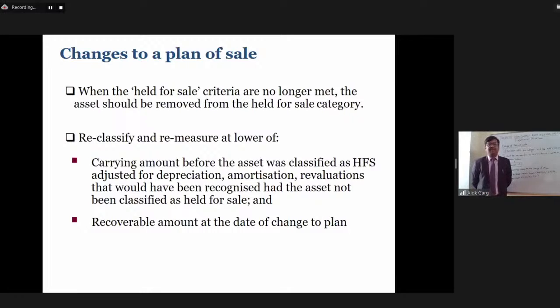You need to reclassify and remeasure at lower of carrying amount before the asset was classified as held for sale, adjusted for depreciation, amortization, revaluation that would have been recognized had the asset not been classified as held for sale, and recoverable amount at the date of change of plan. It means for calculating the carrying value, you need to be normal. If this held for sale thing had not happened, then my normal accounting under IND AS 16 would go on. So I have to do my normal accounting and arrive at my carrying value at the date of change of plan.